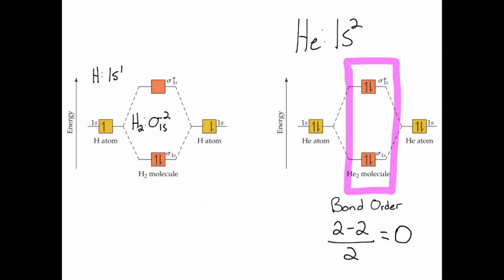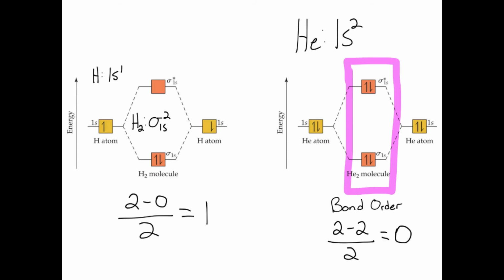Now this can be contrasted with H2 because in H2 I also have 2 electrons in a bonding orbital, as we can see here, but I have no electrons in antibonding orbitals anywhere. Now, if I divide that by 2, because I need 2 electrons in every bond, I discover that I have a bond order of 1. In other words, I have a single bond between these 2 H atoms.